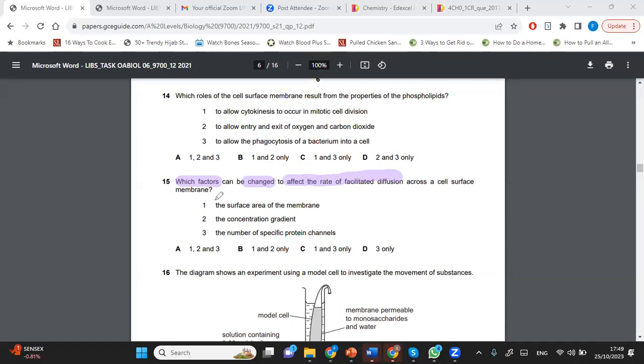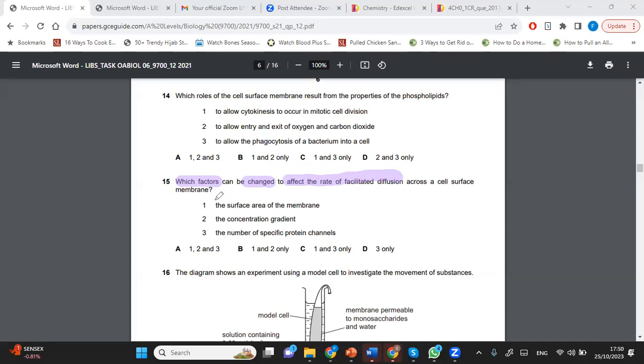If I increase or decrease the surface area of the membrane, will my facilitated diffusion increase, decrease, or will nothing happen to it? If I increase the surface area of the cell membrane, will it help facilitated diffusion, or will it have no effect?